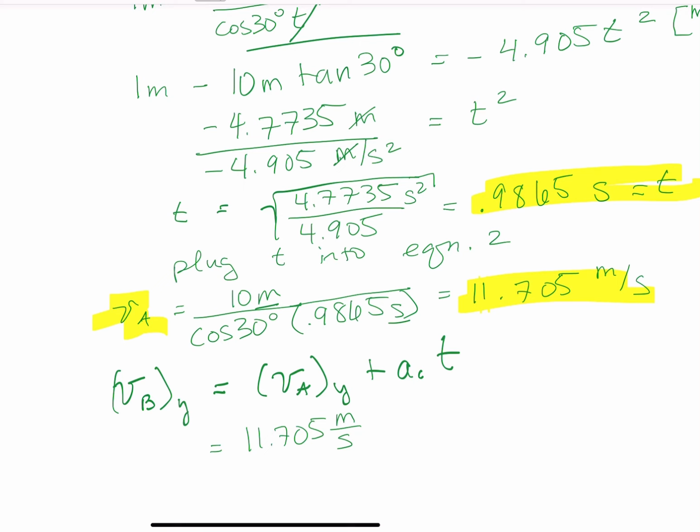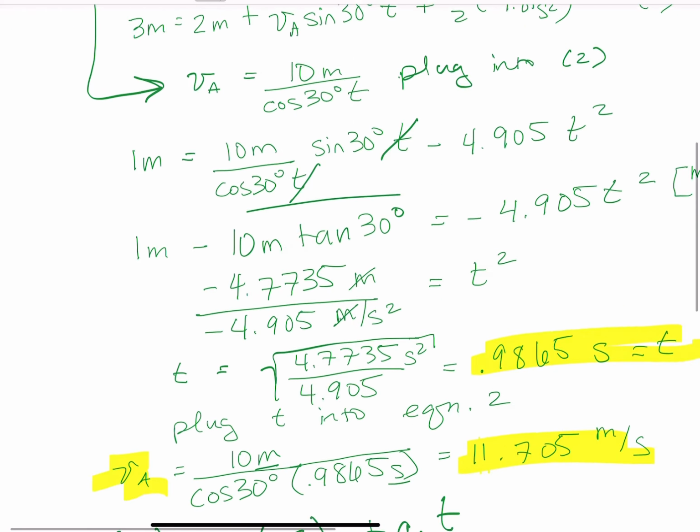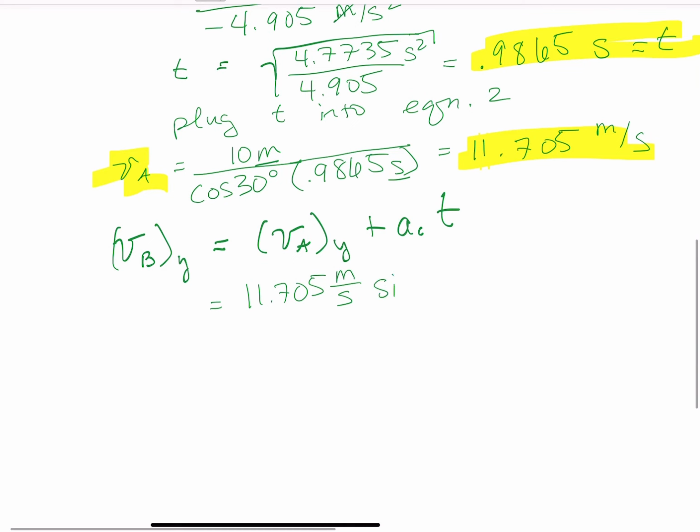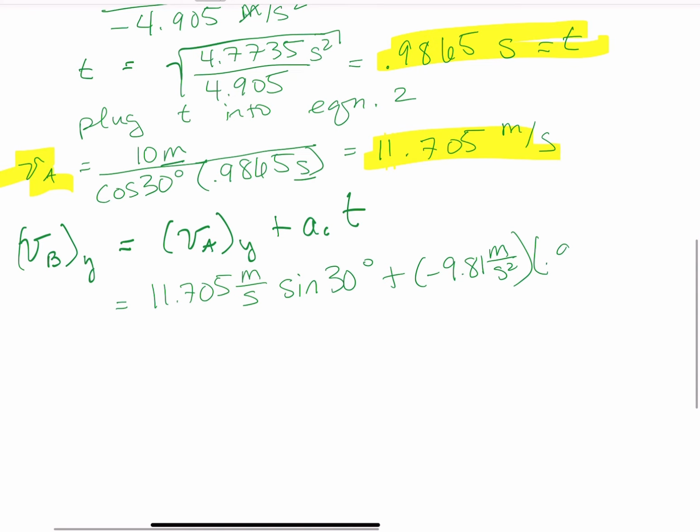And the y component of VA, let's go back up to our drawing, would be VA times sine of 30 degrees, plus negative 9.81 meters per second squared, acceleration due to gravity goes down, and then times the time, which we found to be 0.9865 seconds.